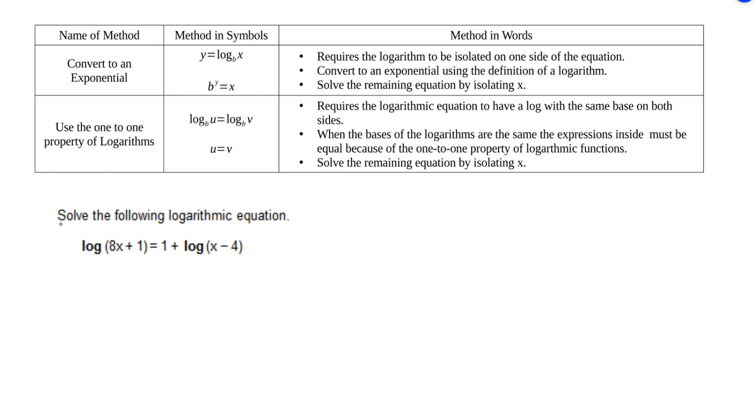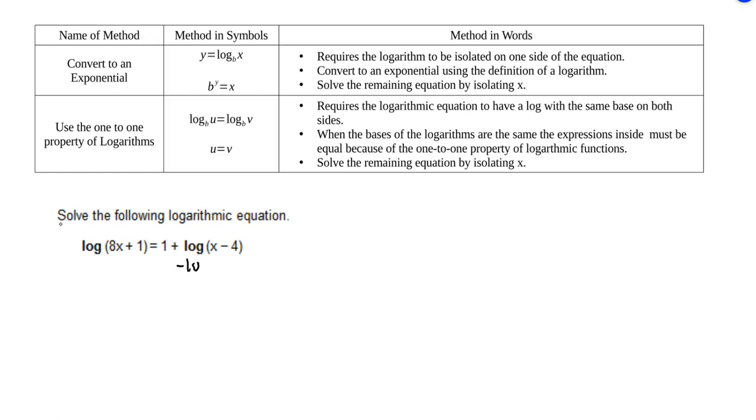So instead, I'd like to use the method of converting to an exponential. But in order to make this work, I need to have a single log on one side of the equation. So I'm going to do a little bit of rearranging to start off.